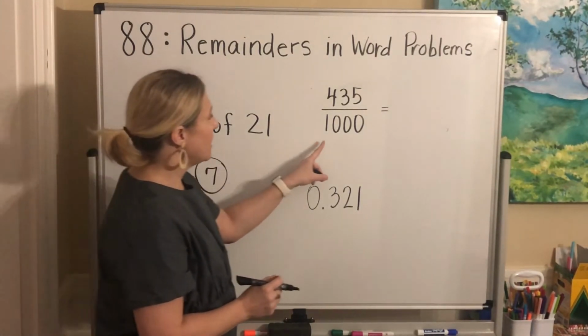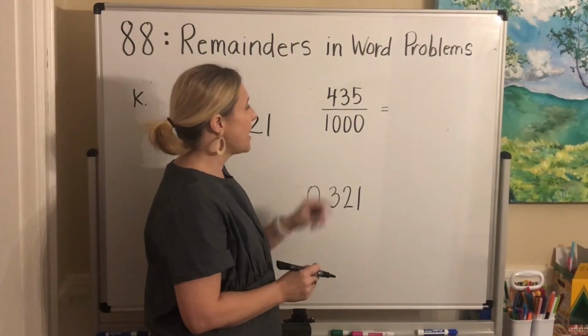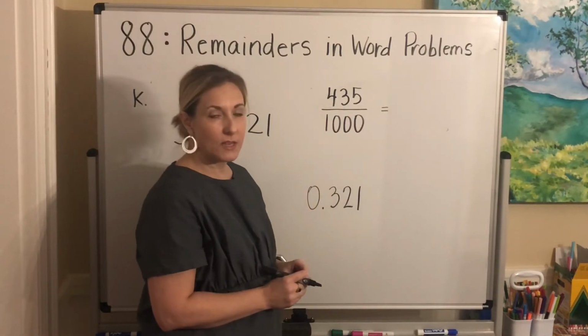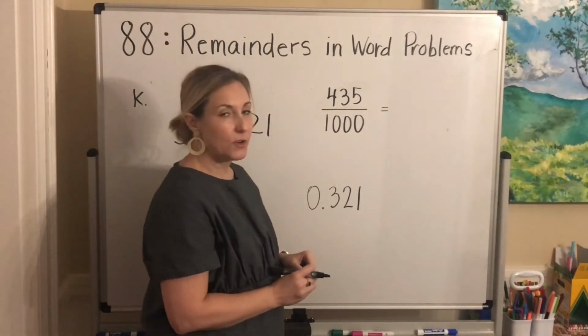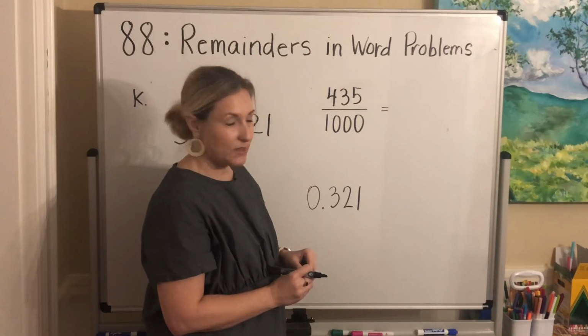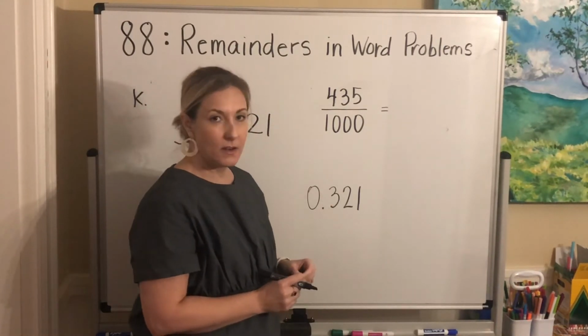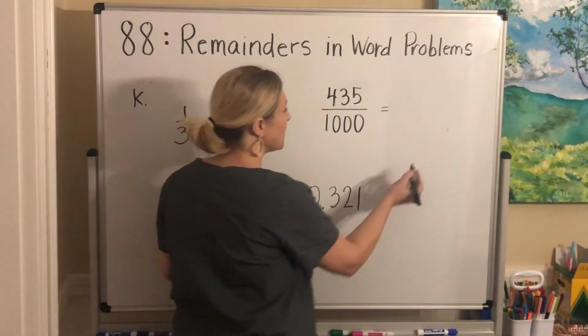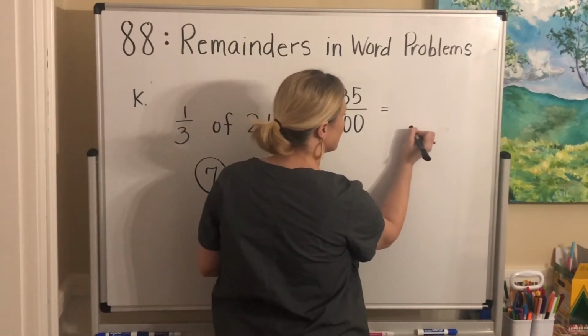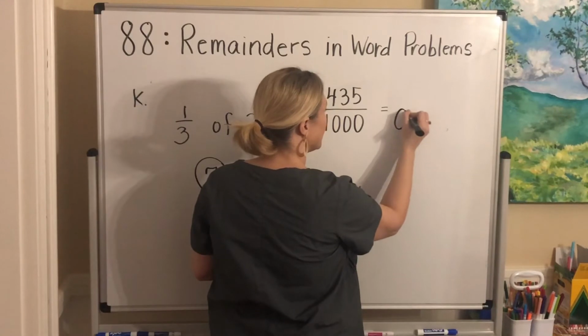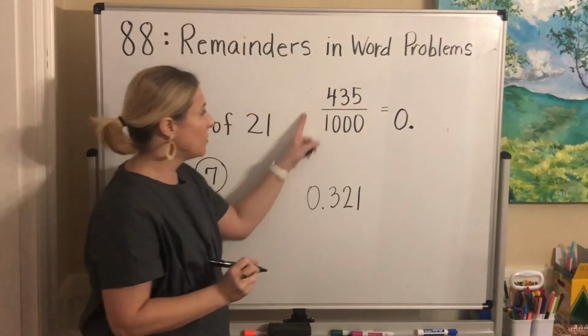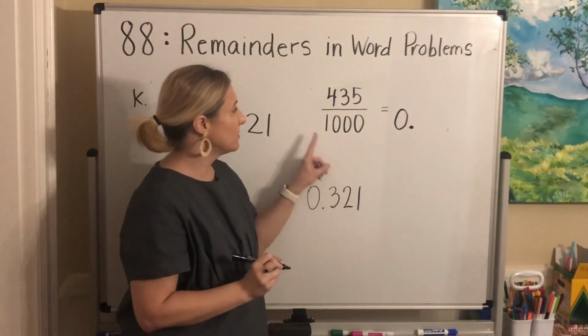Okay, let's look at L. 435 over 1,000, or 435 1,000ths. Well, first of all, this is a fraction, so we know it's less than 1. So to write this as a decimal, we need to put a decimal. There are no whole numbers here, so that's going to be a 0.